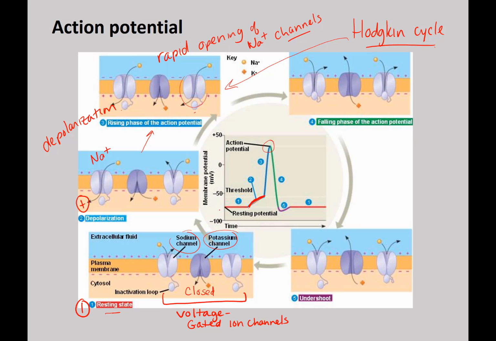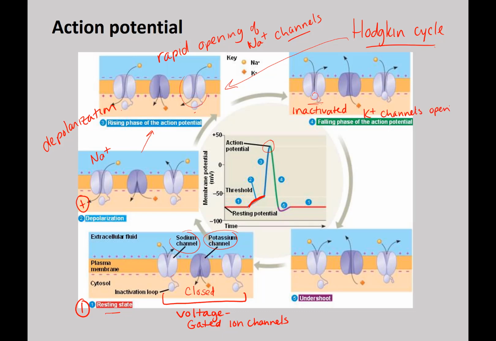At a certain point, the sodium channels become inactivated. So remember, inactivated is beyond closed. So now they've got this little plug here. And now we can't get any more sodium coming in, and the K+ channels open.